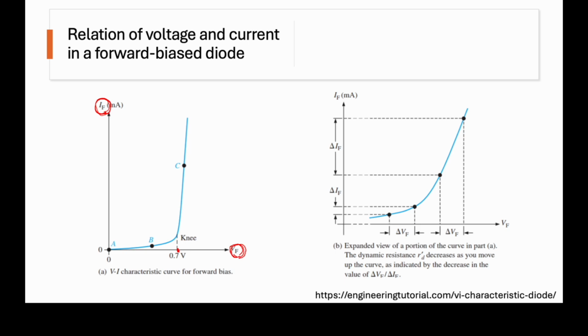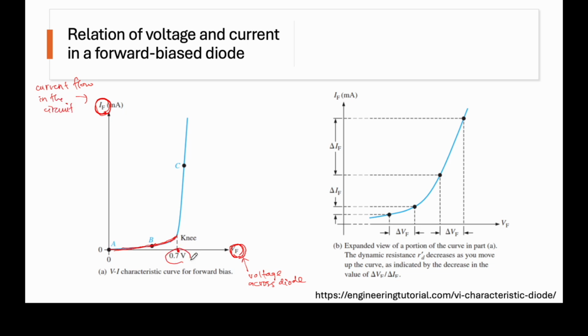Before 0.7, the current inside that circuit is very small, and it increases gradually, slowly. So VF here is the voltage across the diode, and IF here is the current flowing in the circuit.